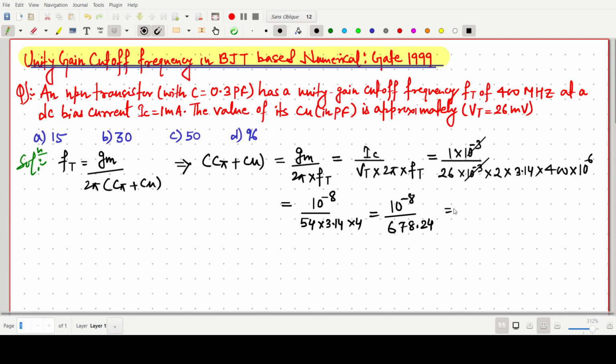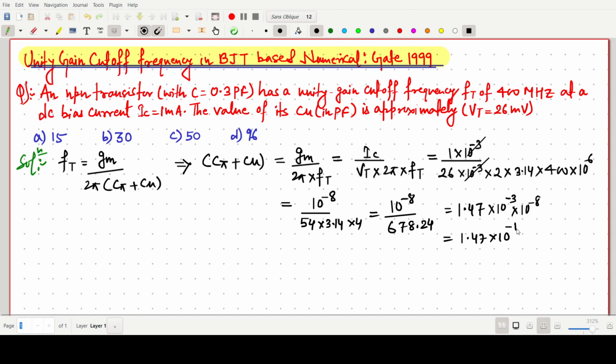So 1 divided by 678.24 is somehow 1.47 into 10 to the power minus 3, and then into 10 to the power minus 8. If we solve this, it will come like 1.47 into 10 to the power minus 11.